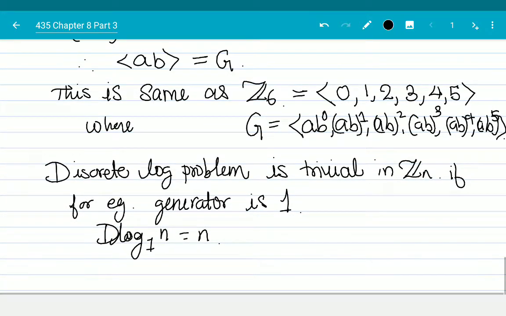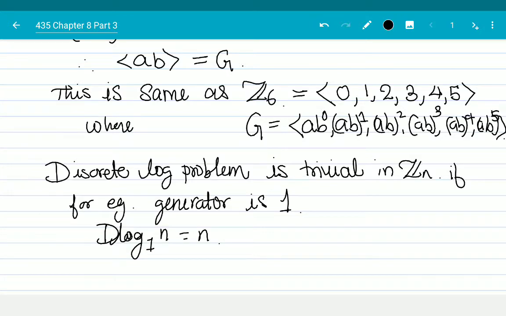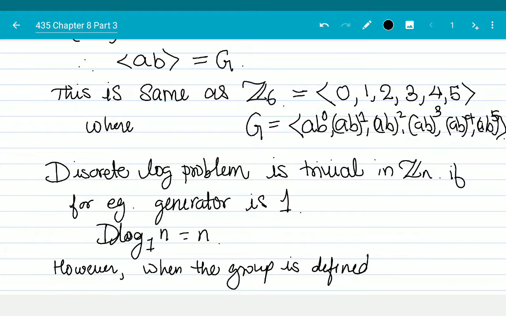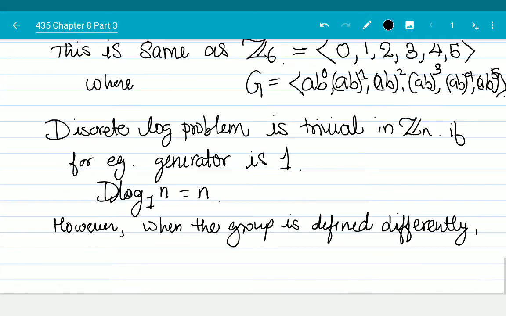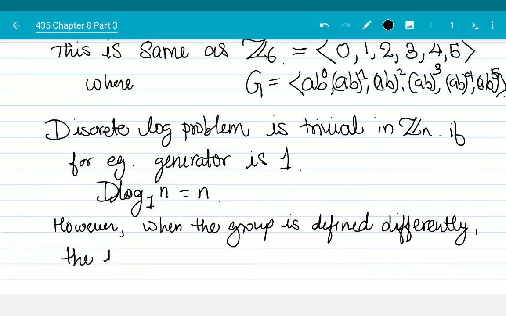However, when the group is defined differently, the problem can become much harder.